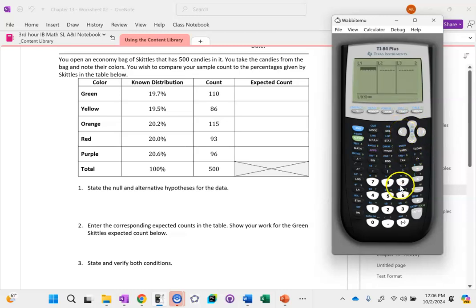So I'm going to enter my observed counts into L1. And then into L3, I'm going to enter the known distribution as a decimal.